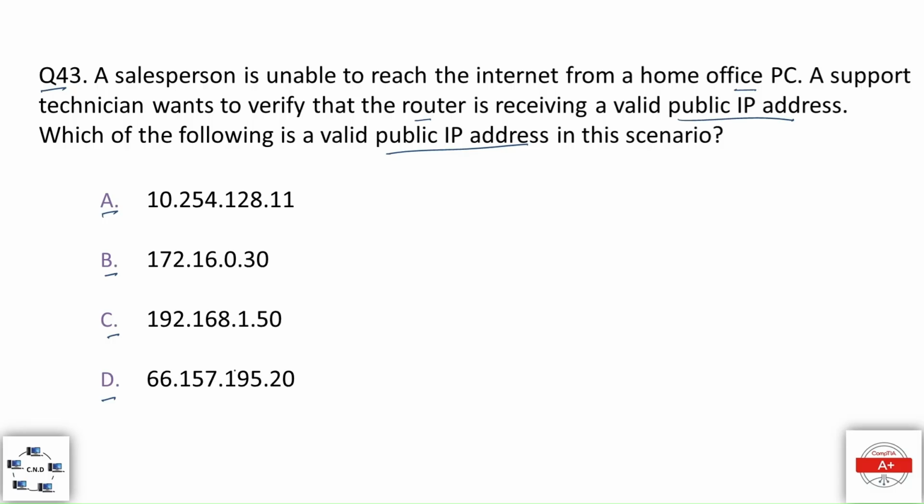And the correct option is, we need to identify the public address, and it is option D, 66.157.195.20. All the others are private IP addresses.